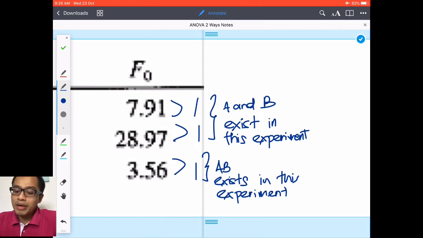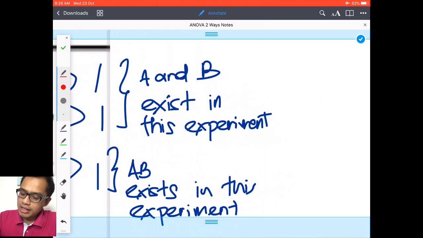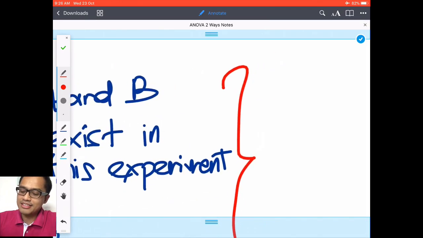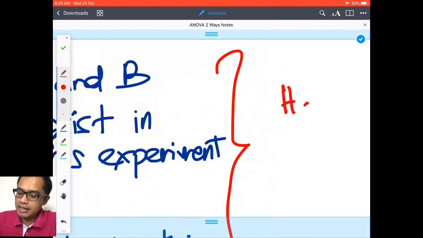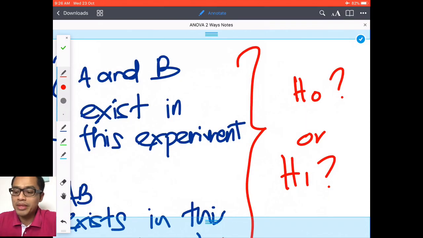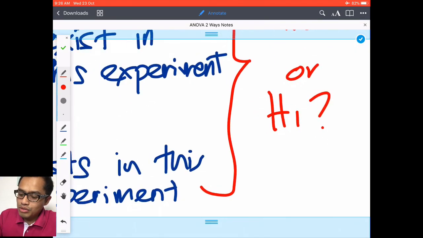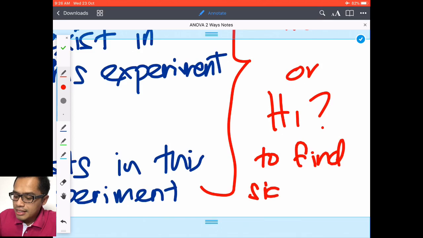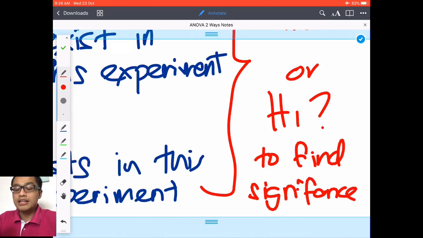So therefore, the best way to do this is to make it like this: H0 accept or H1 accept. These will tell you if there is significance in the experiment.